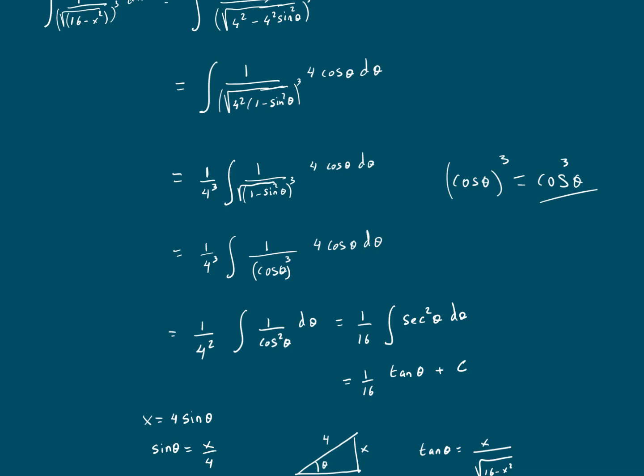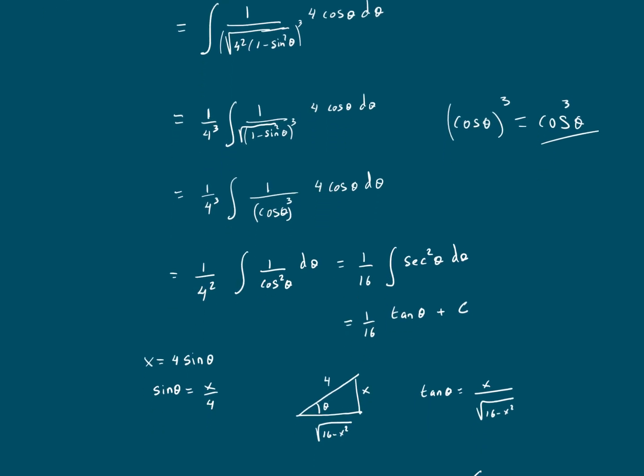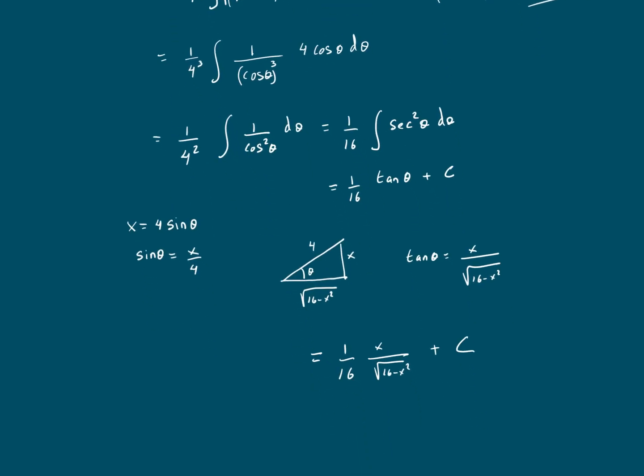Now we arrive at a very subtle question: we have not finished solving the problem yet. We didn't say what tangent of theta is, but we know the information. The information says that x equals 4 sine of theta. So we will plug this information into a right-angle triangle, which will say that sine of theta is x divided by 4.